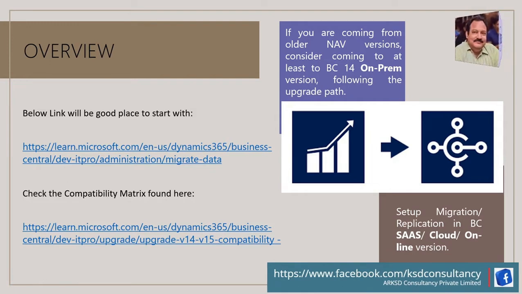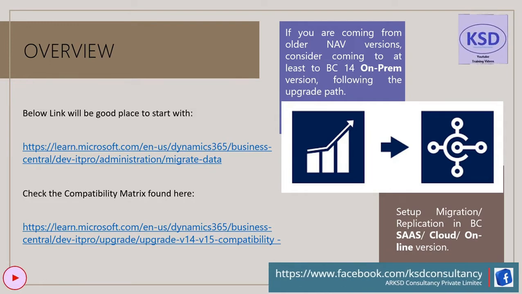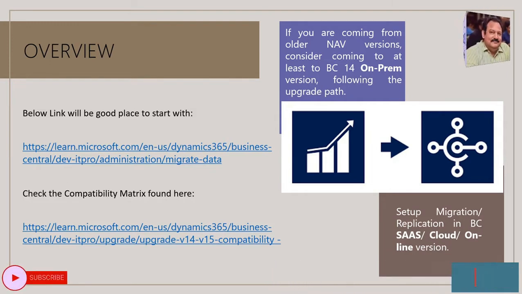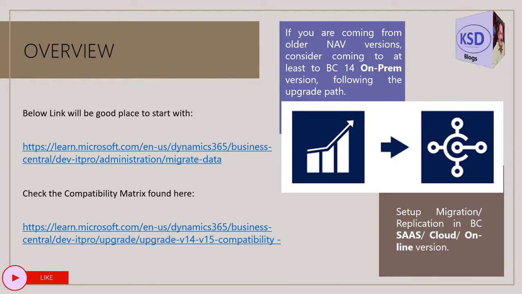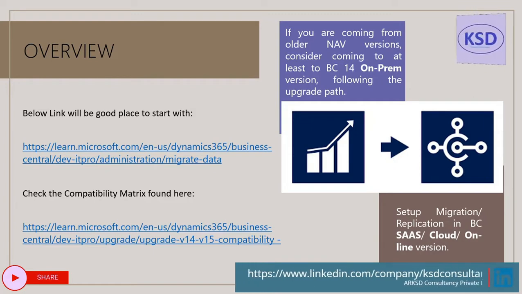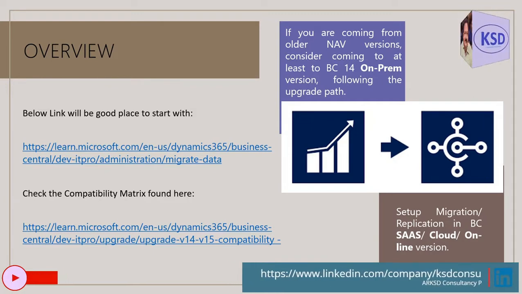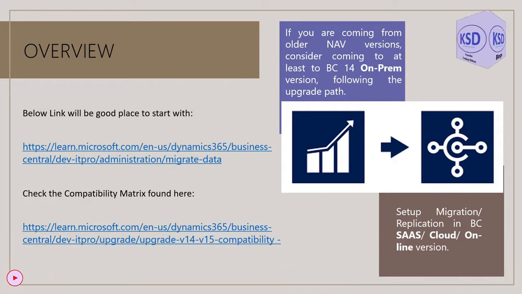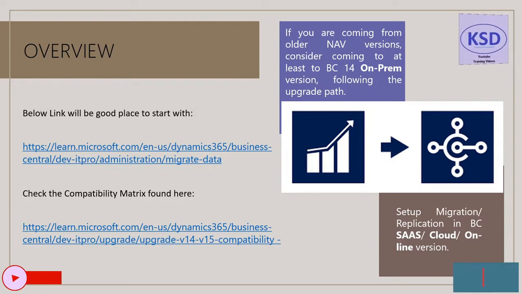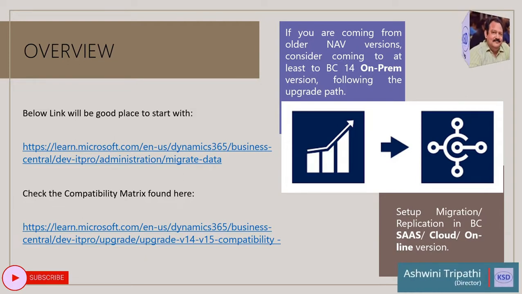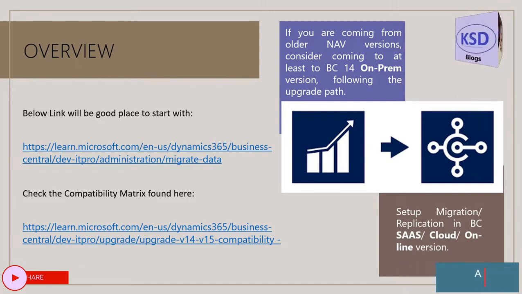Once your data is in 2013, you can move it to 2018, which is the last Dynamics Navision version, after which Navision was taken over by Business Central. Once you are in 2018, you can migrate to BC-14 on-prem.